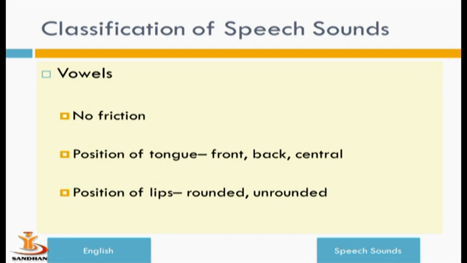So, my dear students, here is the answer for you. Vowels are articulated with no friction. You know the word friction. That means no two things rub against each other.